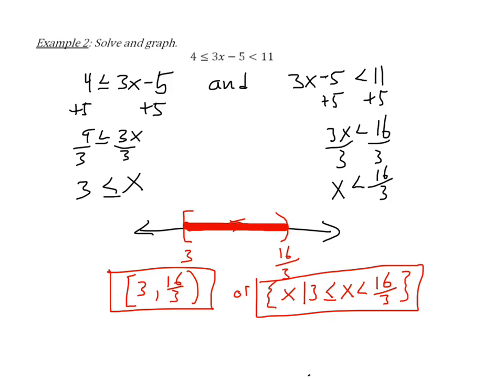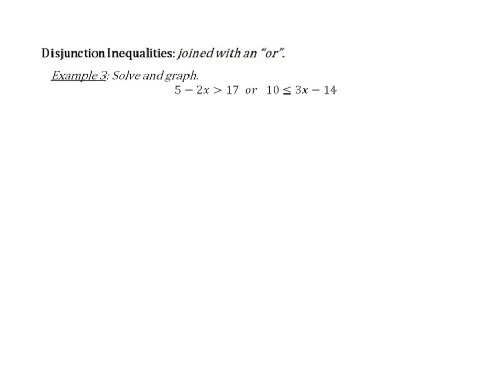Now let's try a disjunction. Again, with a disjunction here, it's going to act the same as we did with our conjunction, with our and. Just solve them separately using our rules of inequalities. You've got to subtract 5. Negative 2x is greater than negative 22.